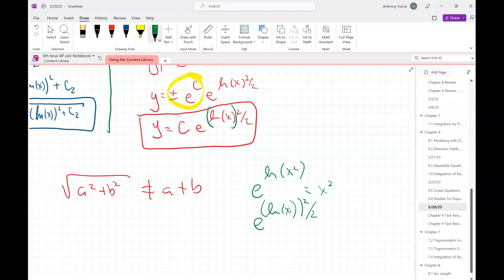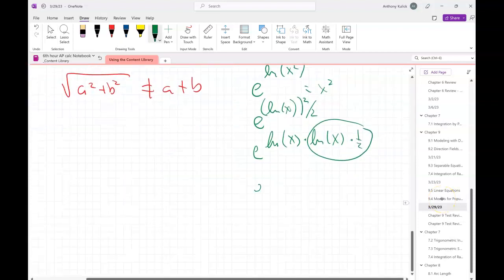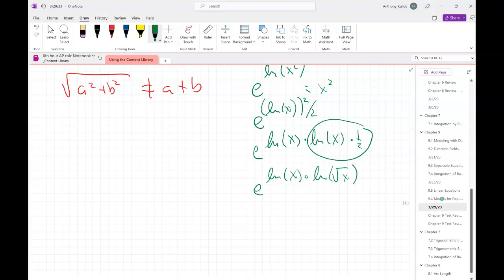That'd just be natural log x. Well, here's the thing. No. What you could do is if you thought about it like this, you can take those two together and do a power rule on one of them, and do that if you wanted to. But I don't think that's any better.